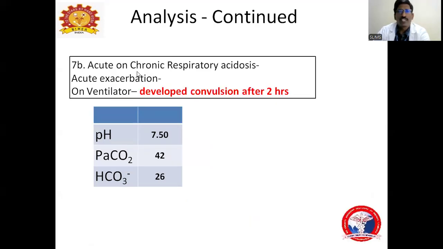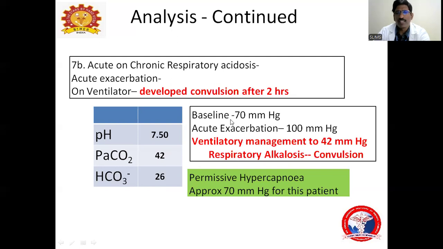Now, if I look at here, acute on chronic respiratory acidosis, patient has come to the casualty. The intern put the patient on ventilator, but the patient developed convulsion after 2 hours. So we wanted to take an ABG. ABG showed 7.50, PaCO2 is 42, bicarbonate is 26. So what's wrong? See, basically, the patient's baseline was 70, acute exacerbation we pushed up to 100.